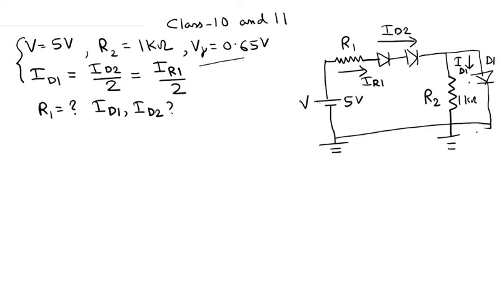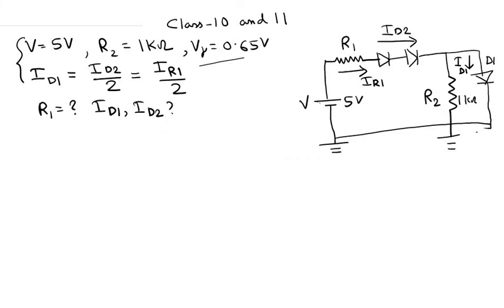Since a current ID1 is flowing across the diode, the voltage across this diode cannot exceed V gamma, which means the voltage across this resistor R2 is also fixed at V gamma.